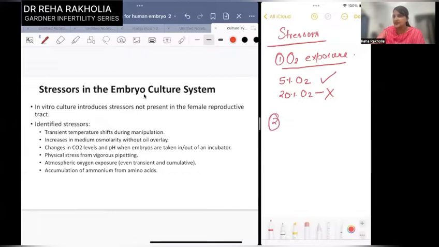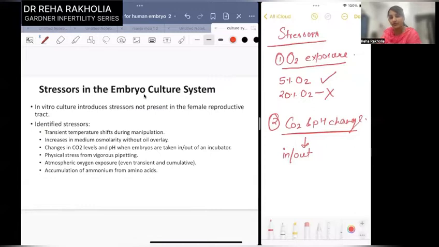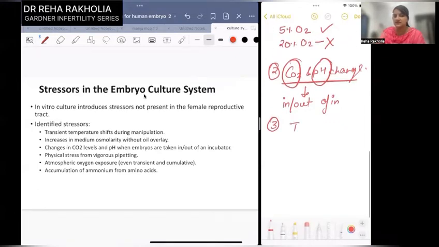Second is CO2 and pH change. If we regularly move the culture media with the embryo in and out of the incubator, then CO2 and pH changes will occur, which is a stressor for the embryo. Third is temperature shift. This is also a stressor for the embryo.